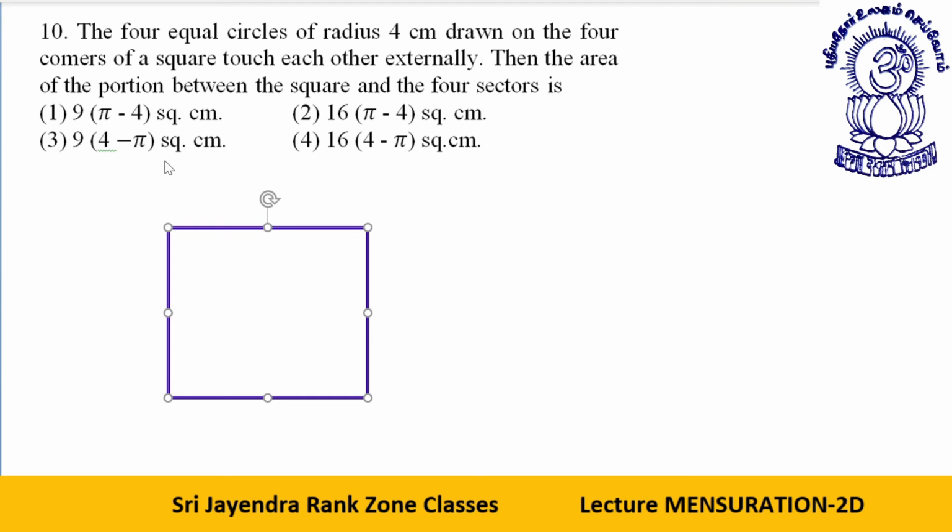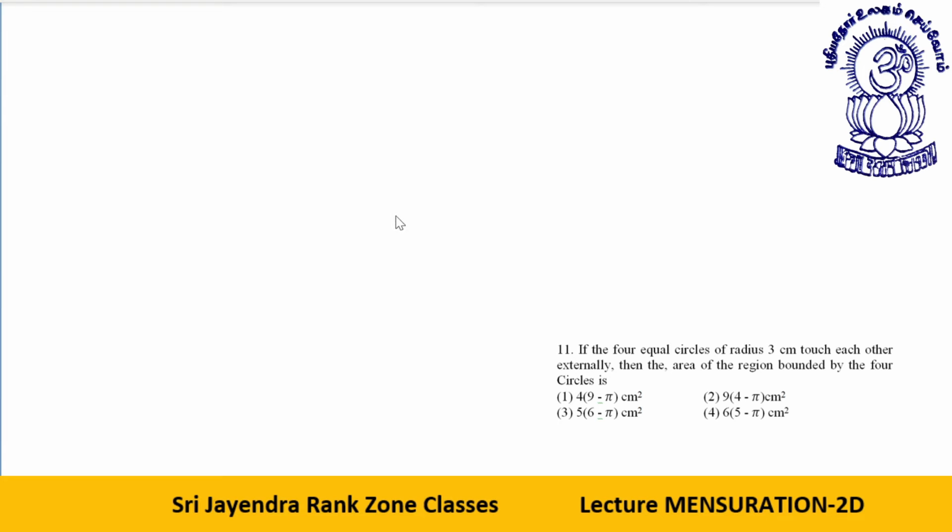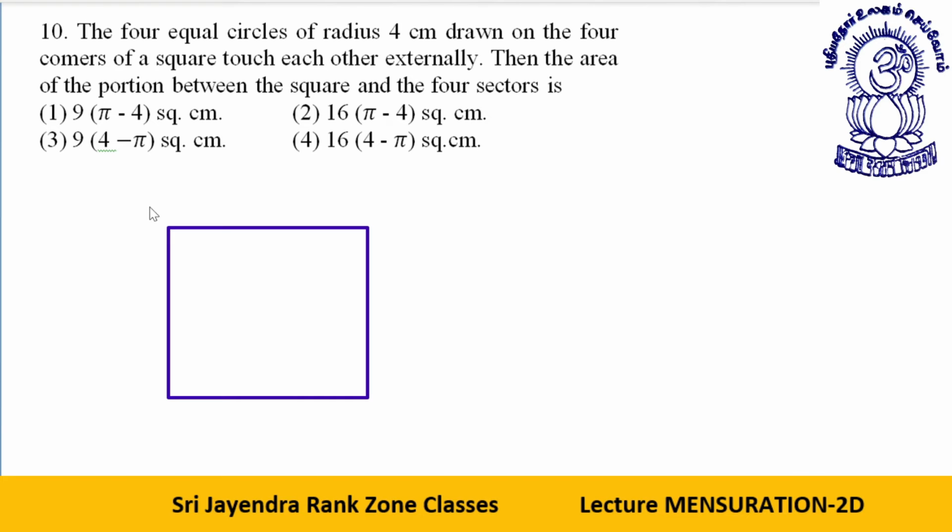This is like this, okay. If I draw a full circle on this corner, the main thing we are concerned about right now is the area of the portion between the square and the four sectors.